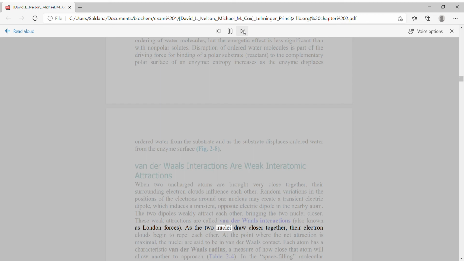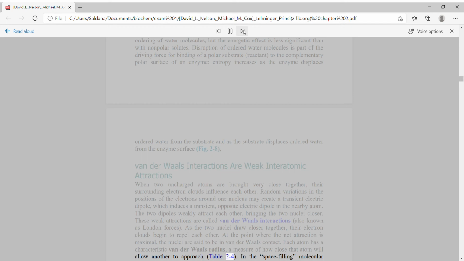As the two nuclei draw closer together, their electron clouds begin to repel each other. At the point where the net attraction is maximal, the nuclei are said to be in van der Waals contact. Each atom has a characteristic van der Waals radius, a measure of how close that atom will allow another to approach.